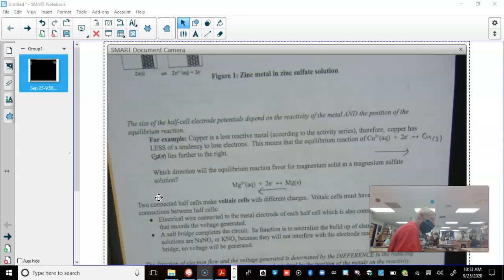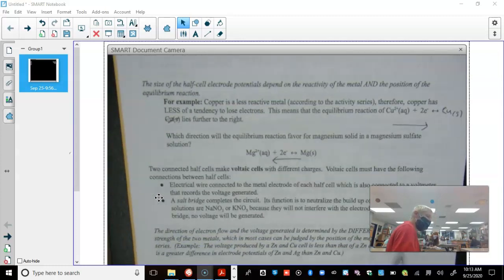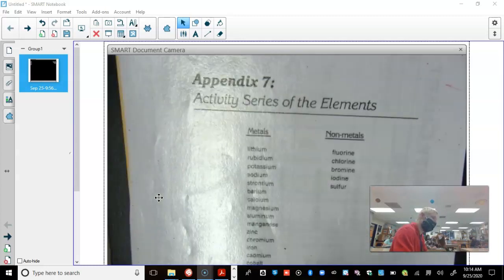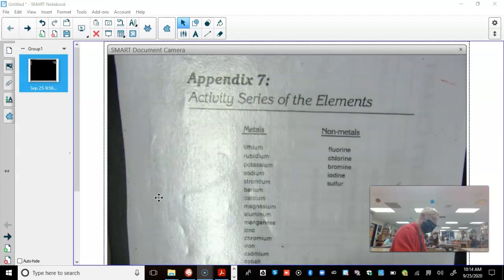All right. So the direction of electron flow and voltage generated is determined by the difference in the reducing strength of the two metals, which in most cases can be judged by the position of the metals on the reactivity series. Example: the voltage produced by a zinc and copper cell is less than that of a zinc and silver cell because there is a greater difference in electrode potentials of zinc and silver than zinc and copper. So looking at that, we've got zinc and copper. Copper's right here, and zinc's right here.